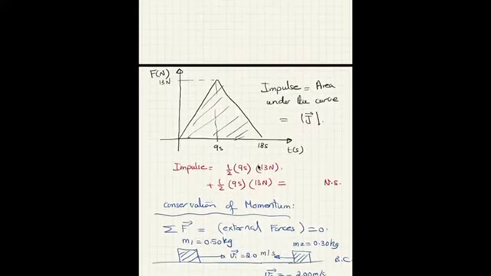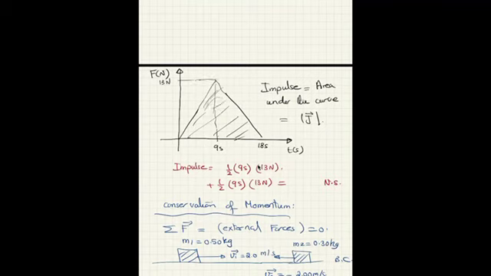Now, also, we can calculate the impulse from the area under the curve. Here we are calculating the absolute value of J, which is the impulse. For example, if I have this graph, the maximum here is 13 newtons, right?